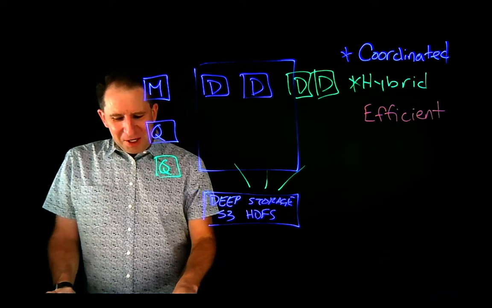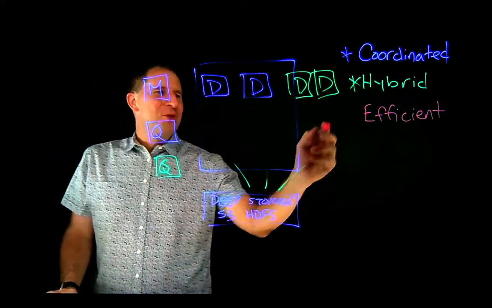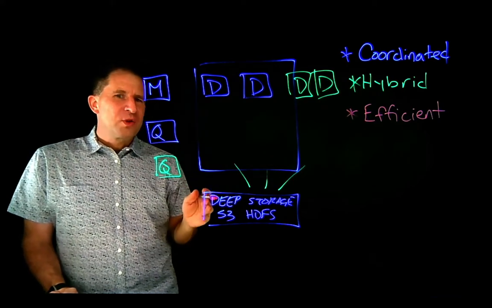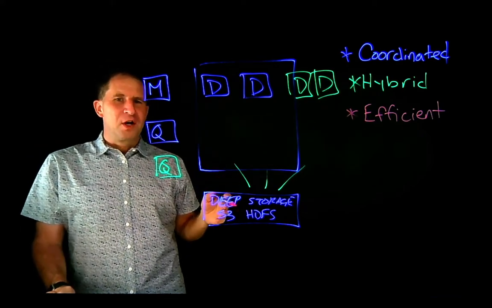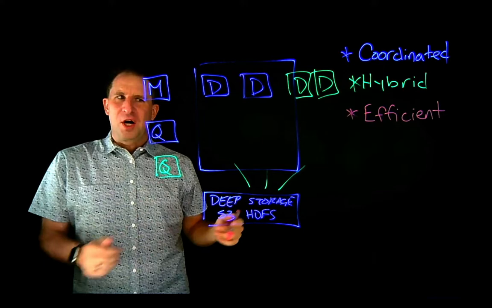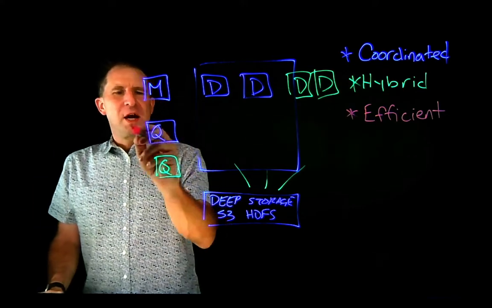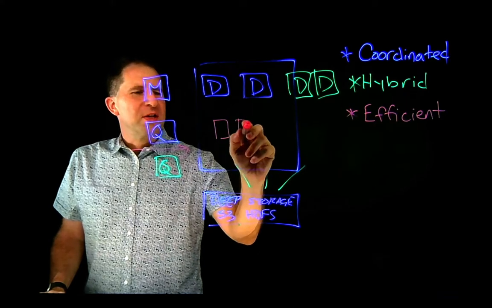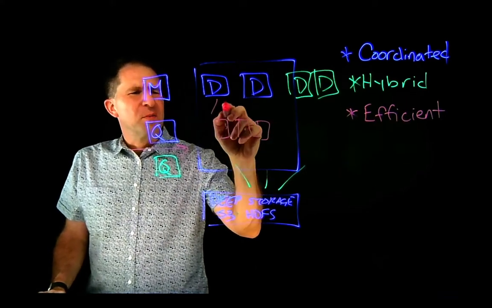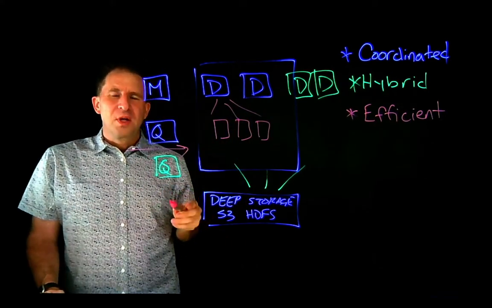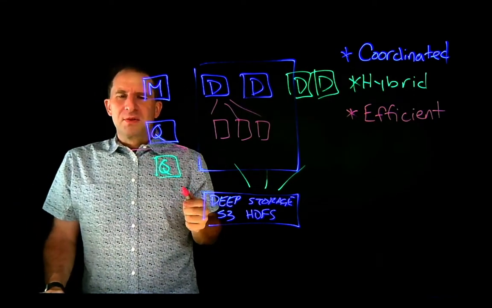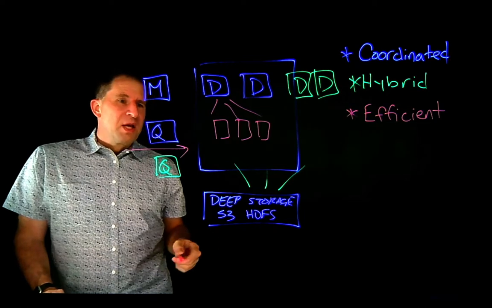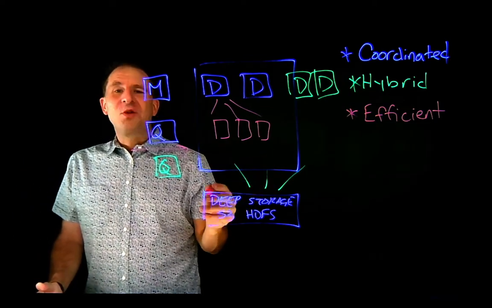But because we also have an efficient storage engine at this data node layer, you also get all the benefits that you would have under a more traditional, say, shared nothing approach. When data comes into the cluster, we store it in segments, and I'll draw three of them here under that one data node. When data comes into segments, what happens is we columnarize them, we compress them, we partition them, and we index them.